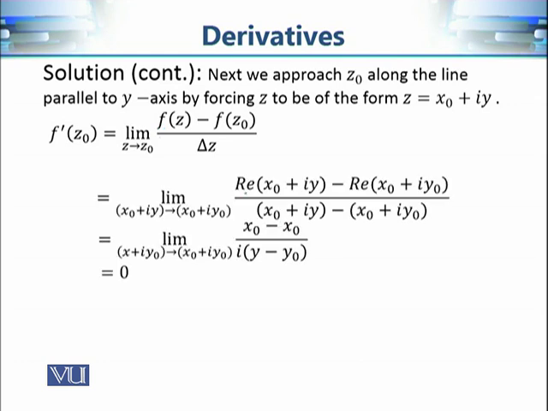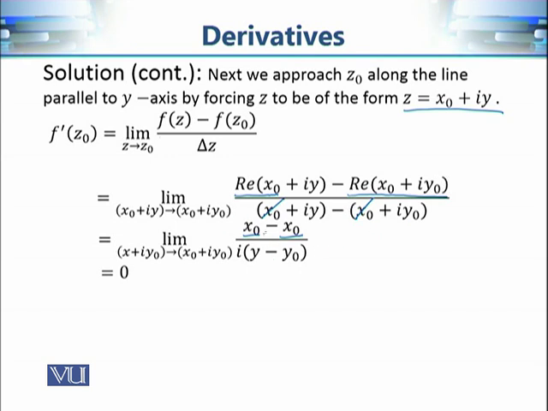In the numerator we have the real part of x0 plus iota y, because now z is equal to x0 plus iota y, so we get x0, and the real part of x0 plus iota y0 is once again x0. In the denominator, x0 cancels with x0, and we have iota y minus iota y0.